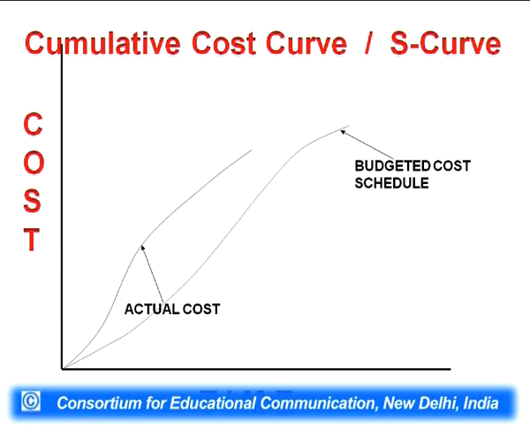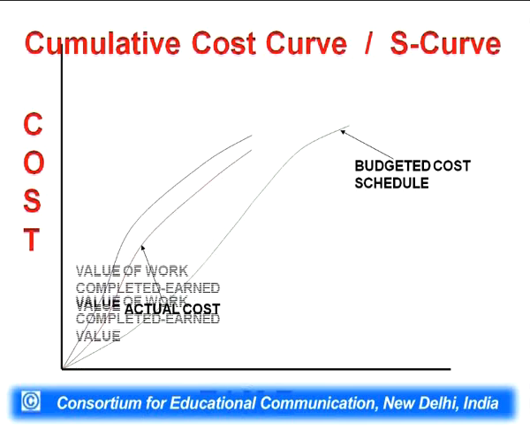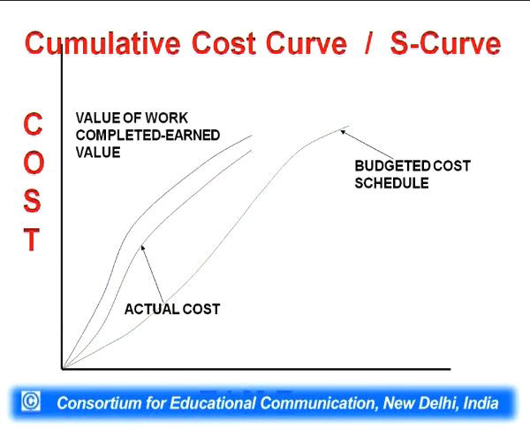What does it show? This shows that we are overrunning, but this is again a wrong statement. We are spending more, but we have to know how much worth of jobs we have completed if we have taken more money. Now this third curve shows the value of work completed, which is earned value, which is more than the actual cost.